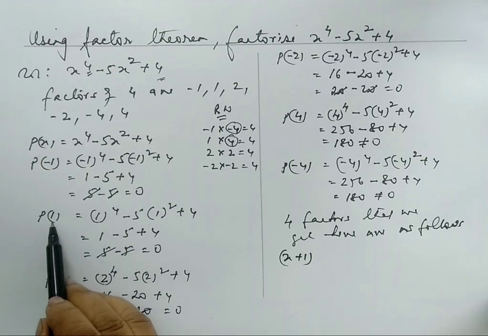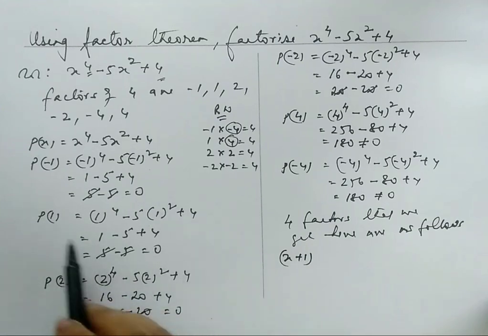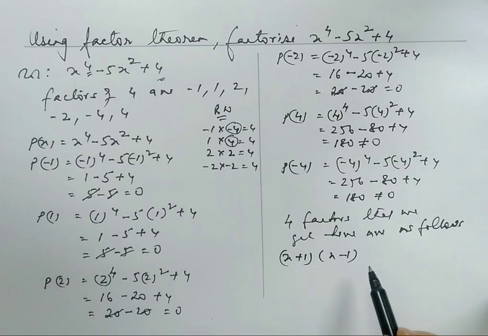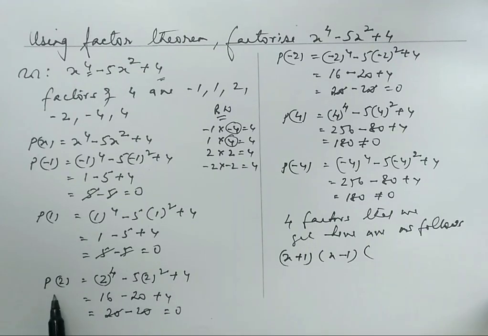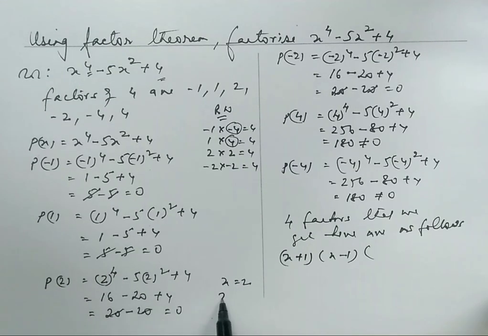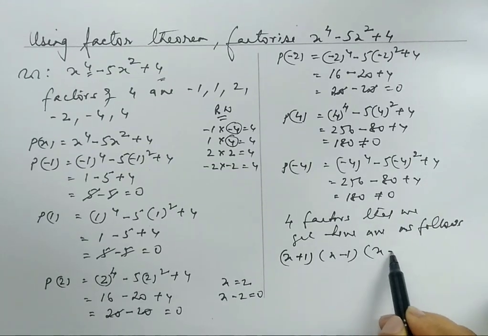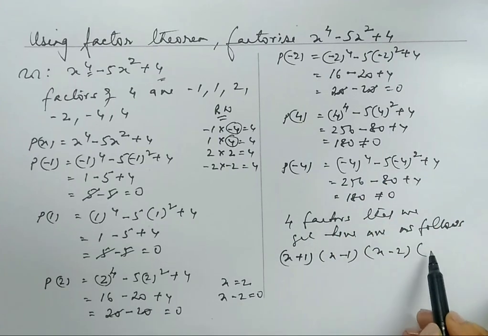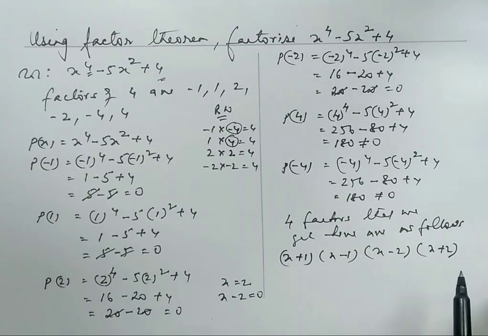If x is equal to 1, then x minus 1 will be the next factor. If x is equal to 2, for example, x minus 2 equals 0. So we have x minus 2, and for minus 2 we have x plus 2. So this is the final answer.